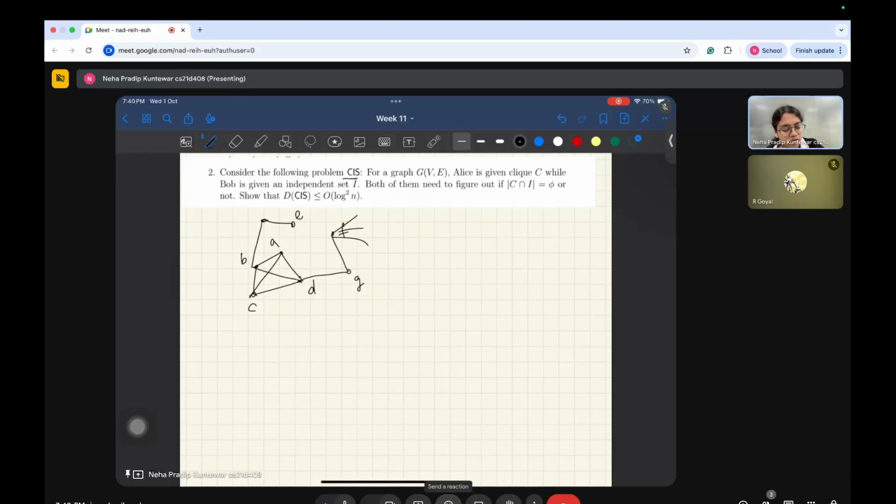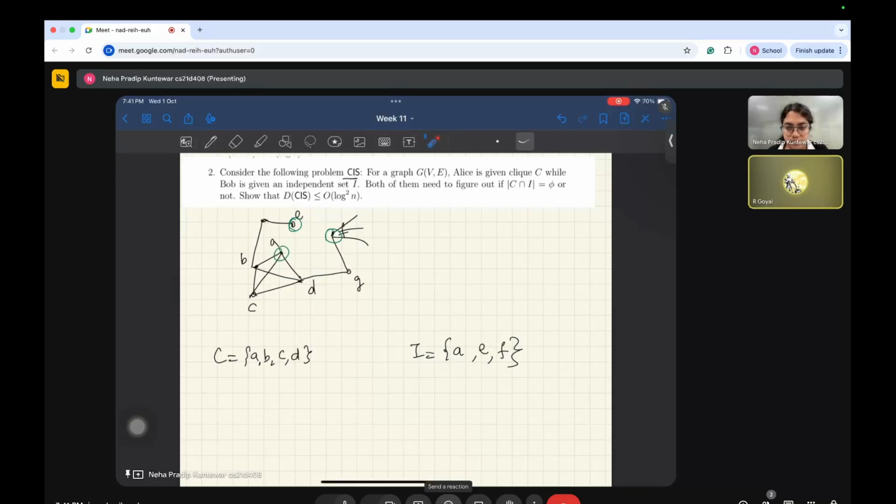There may be other edges also, but ABCD is a clique, and A, F is an independent set because there's no edge between these vertices. So is it not necessary in this problem that we have a maximal clique or a maximal independent set? No, any clique and any subset will work. Okay.